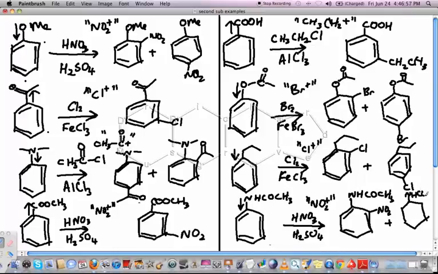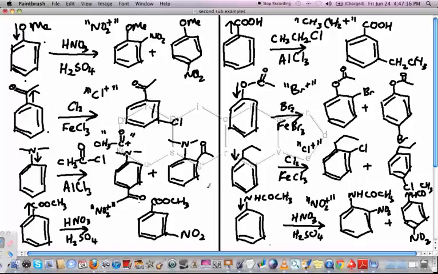I'm going to run out of room here. So NHCOCH3 and NO2 down here. So we'll have our ortho and para products for that particular one as well.